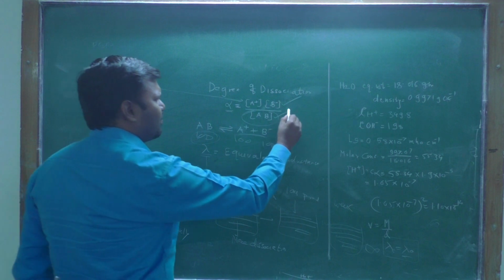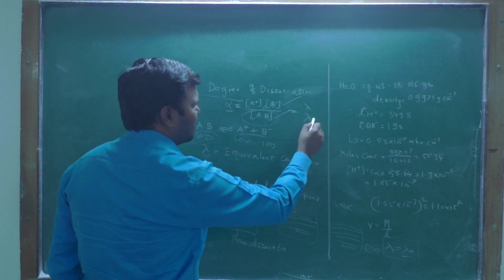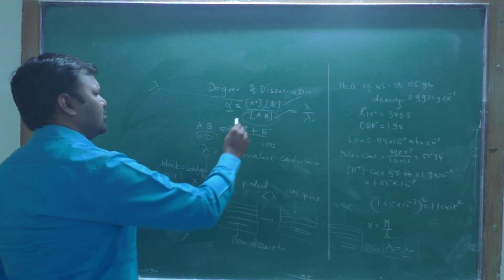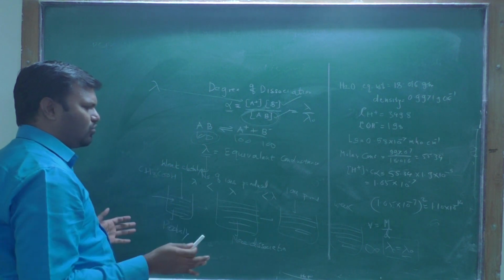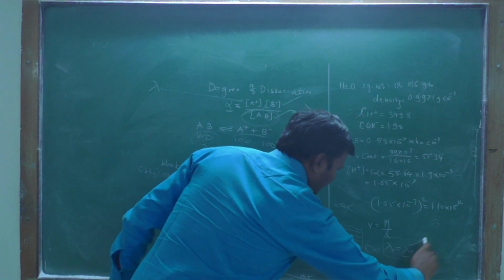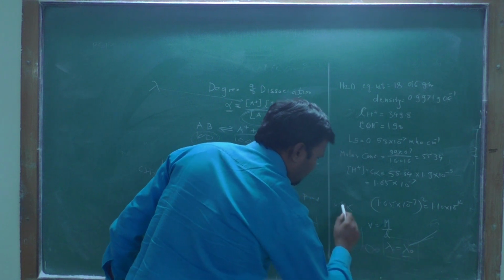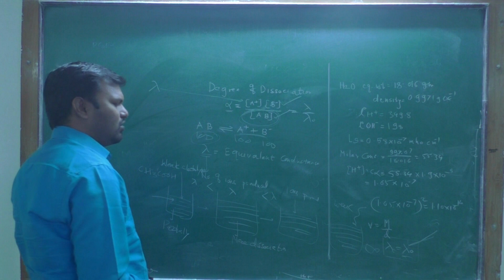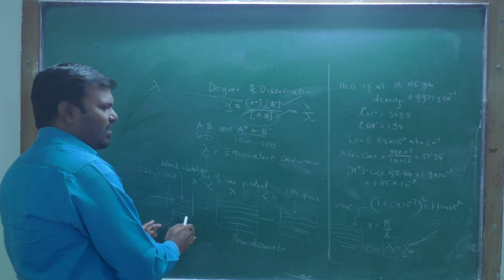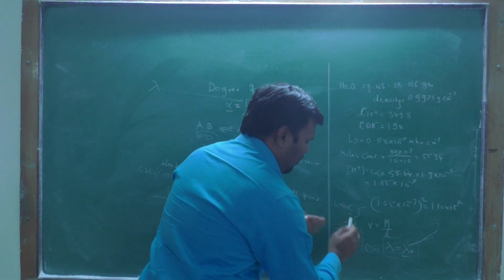This represents lambda and this represents lambda 0, because AB is the total concentration and total dissociation takes place at lambda 0, the equivalent conductance at very high dilution. If 100 molecules are there, you will obtain a total of 100 ions.